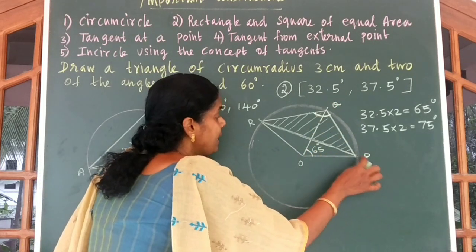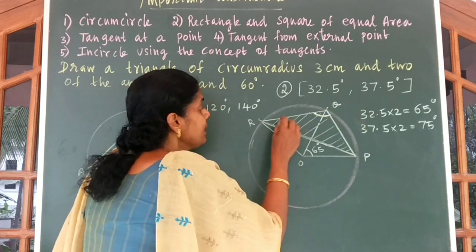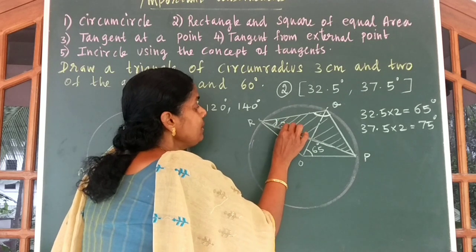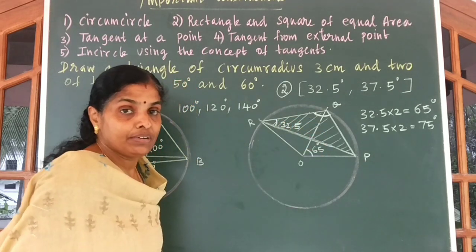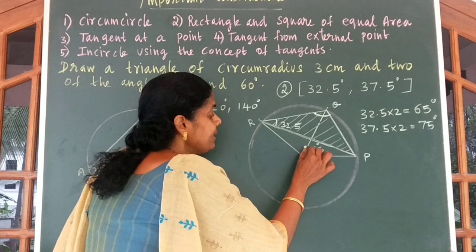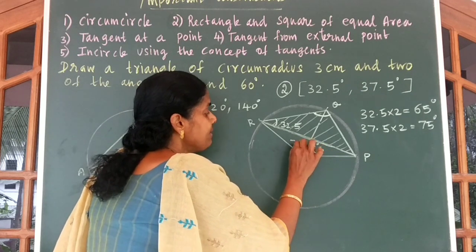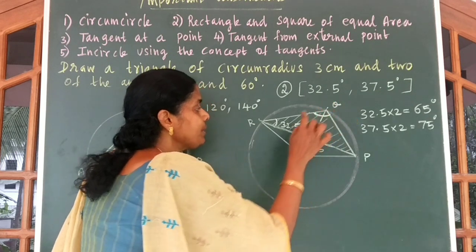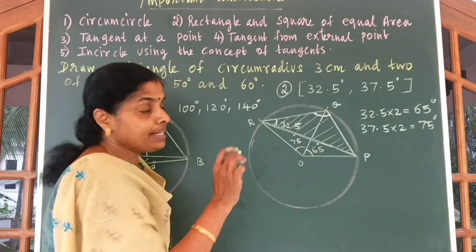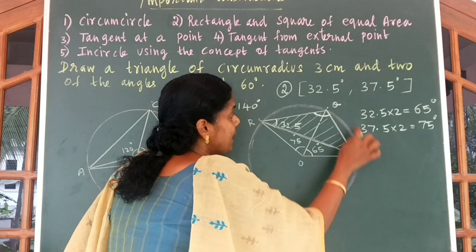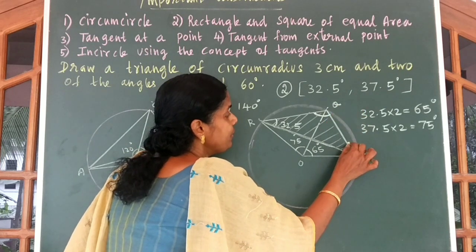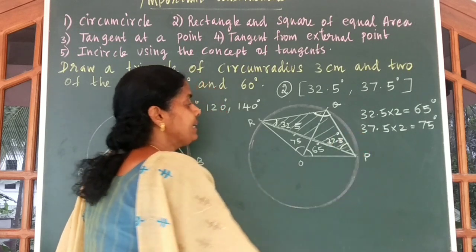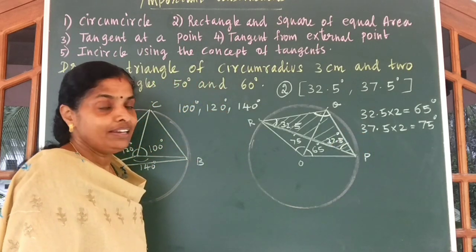Therefore, angle PRQ will be equal to half of it, that is equal to 32.5. Similarly, here we have marked 75 degree. Angle ROQ is 75 degree, and so angle RPQ will be equal to 37.5 degree. Do you understand?